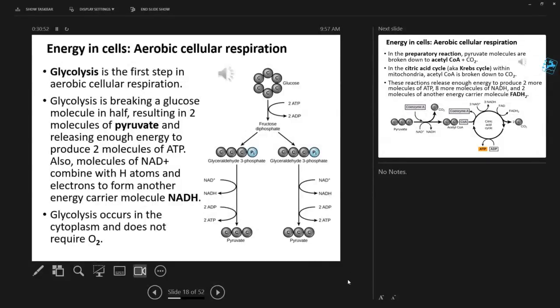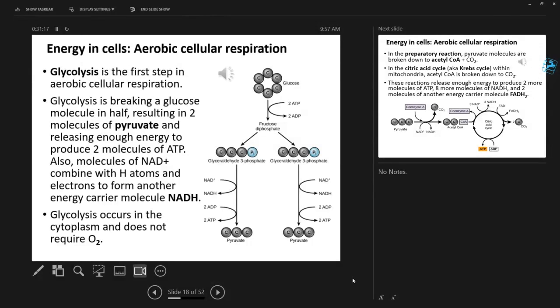So let's look at each of these steps a little bit. The first one, glycolysis. Lysis, in a word, means to break apart. In this case, what's being broken apart is a glucose molecule. So here's glucose. Remember, C6H12O6. It's a 6-carbon molecule, and it's broken in half.